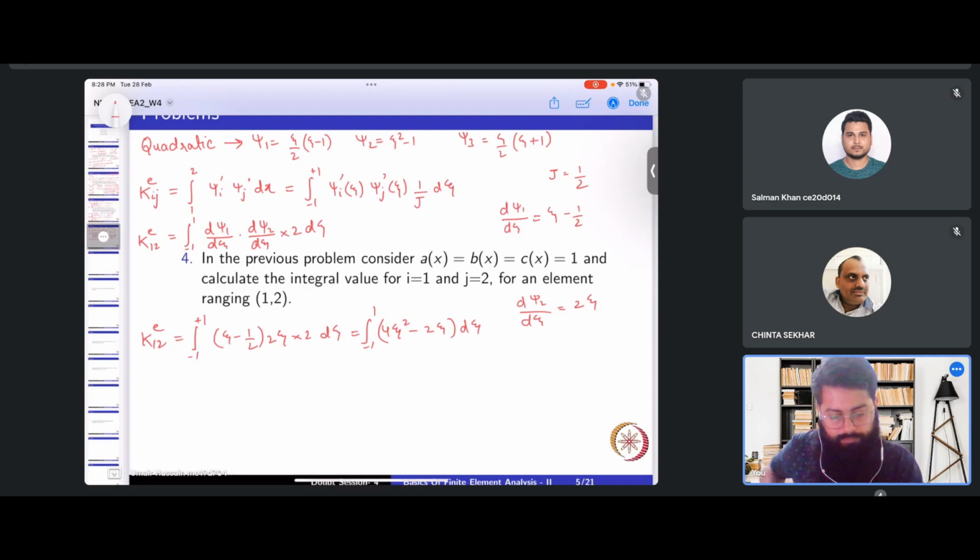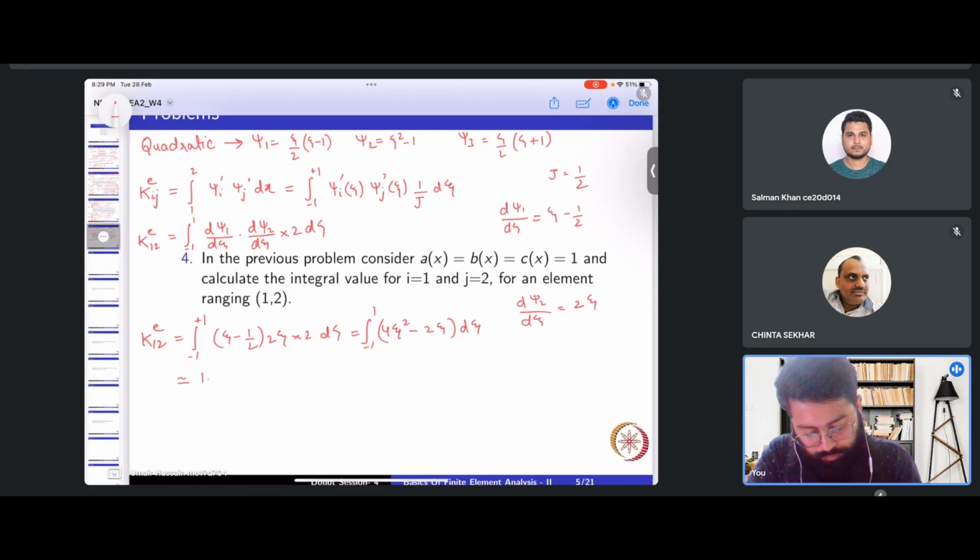Okay, fine. So how many integration points do we need? We just calculate: 2 plus 1 by half, 3 by 2 plus half, that is 2.